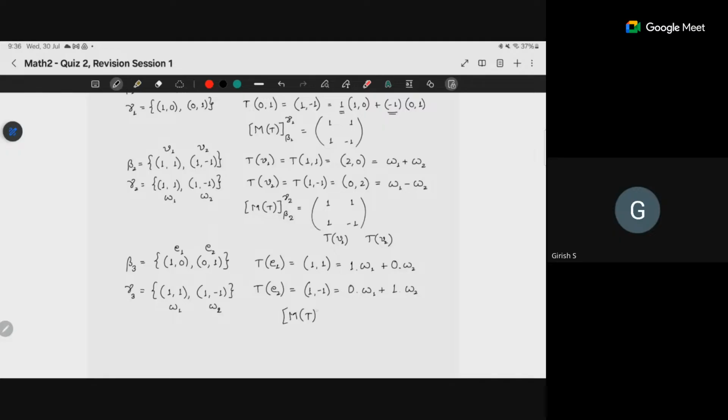It's equal to one of the bases before, but I'll just write it as beta 3 and gamma 3. So the first column will be this one and this one, and the second column will be this one and this one.